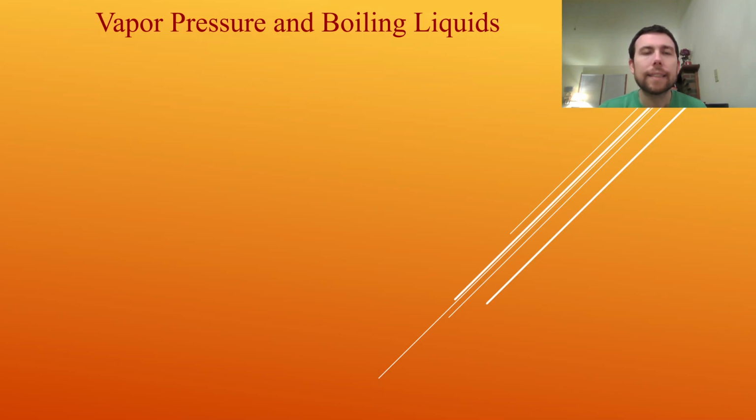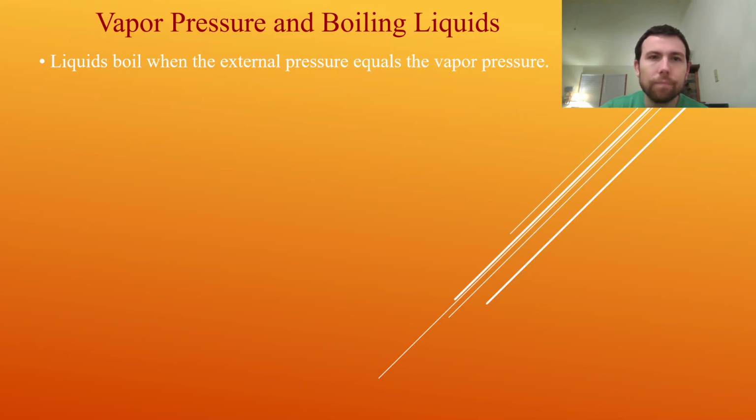All right, let's keep taking a look at vapor pressure and boiling of liquids here. So when we talk about boiling, if you've ever had the pleasure of doing any cooking, like cooking pasta, for example, water is going to boil when the external pressure that the water is in is equal to the vapor pressure of the liquid.